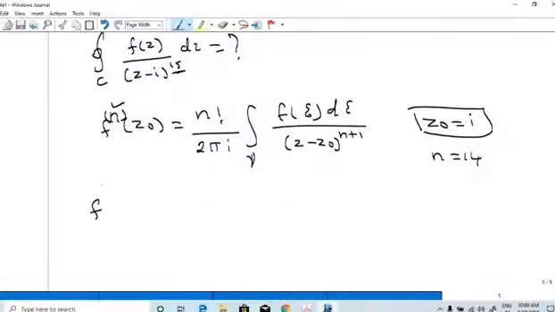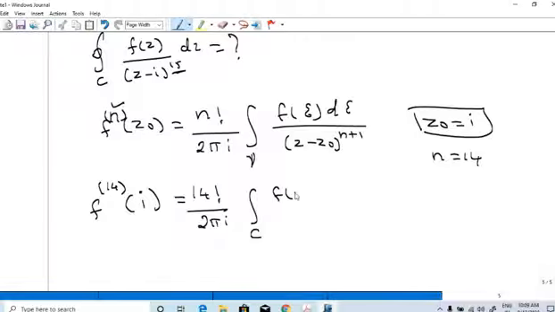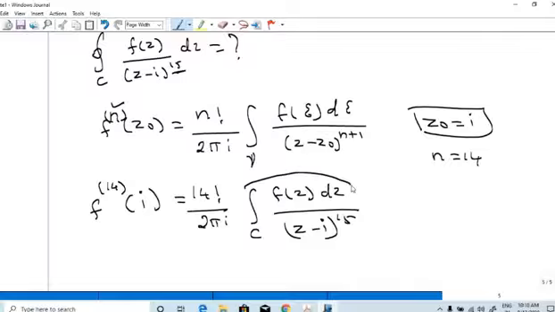Therefore, the 14th derivative of f at i is equal to 14 factorial by 2 pi i times the integral over that curve of f of z dz by (z minus i) power 15. Now keep this one side because we have to find the value of this one.